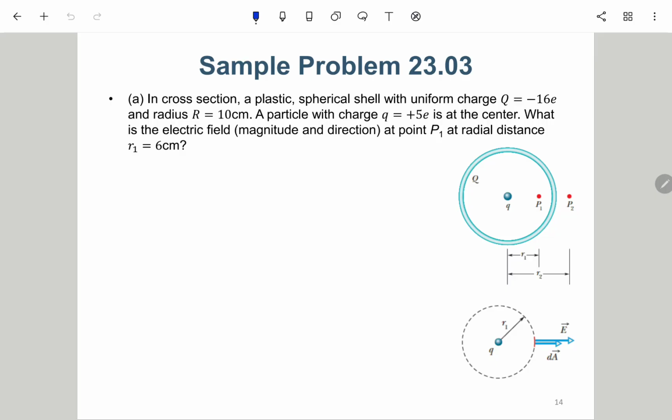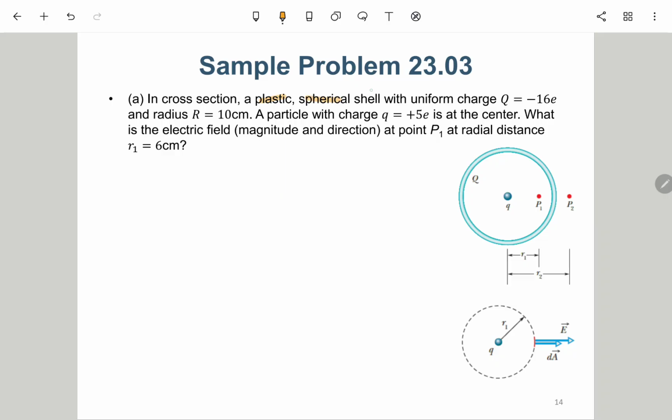Here we have another sample problem. In cross section, a plastic spherical shell. Plastic means it is a non-conductor, so the charges are not free to move, no free electrons on the non-conductor.